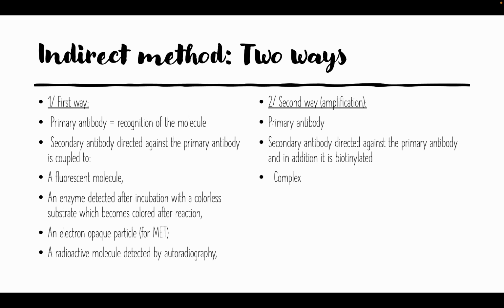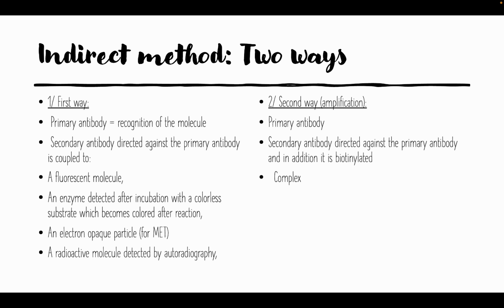Then a secondary antibody is directed against the primary antibody, and is coupled with a fluorescent molecule, an enzyme detected after incubation with a colorless substance which becomes colored after reaction, an electron opaque particle, or a radioactive molecule detected by autoradiography.